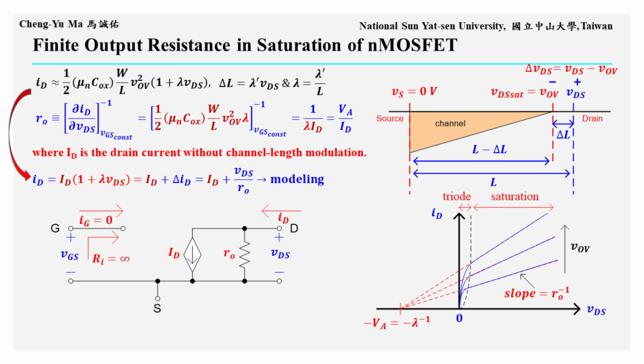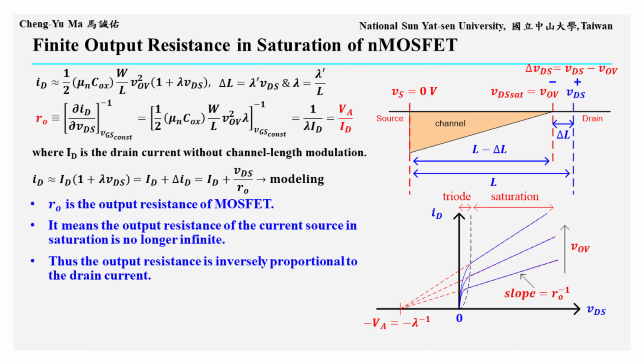At the gate terminal, the oxide insulation prevents conduction current, so IG equals 0, and the gate is an open circuit. Therefore, the input resistance Ri is ideally infinite. For an ideal long-channel MOSFET, VA is infinite and RO is also infinite. For short-channel devices, however, RO is finite. Thus, RO is the output resistance of the MOSFET.